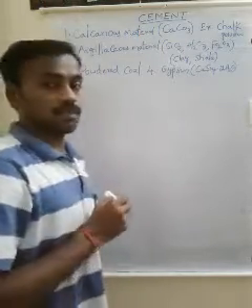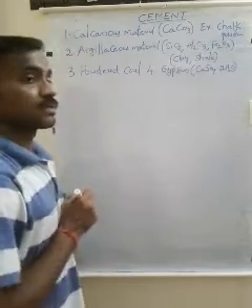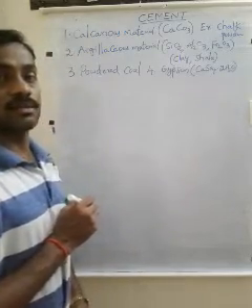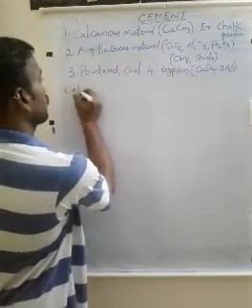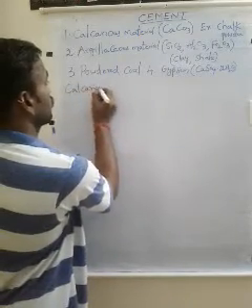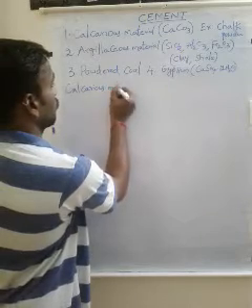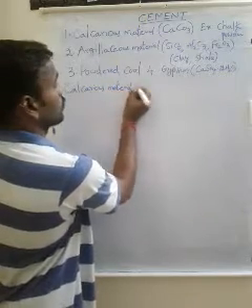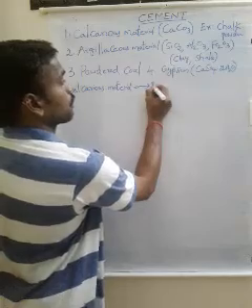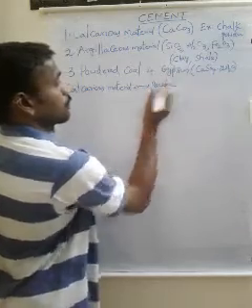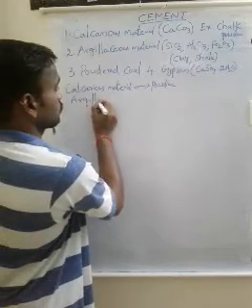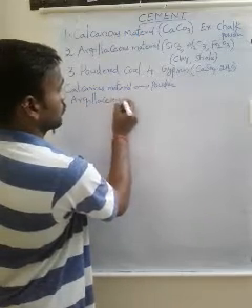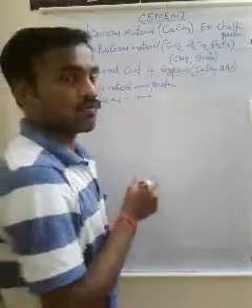Now, in the process, first the calcareous material is converted into fine powder, and argillaceous materials are also converted into fine powder.